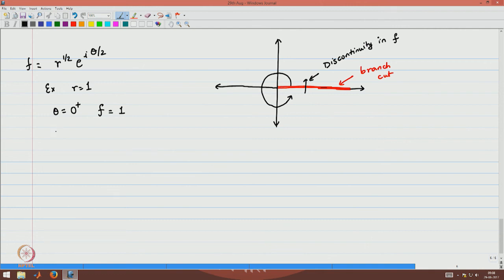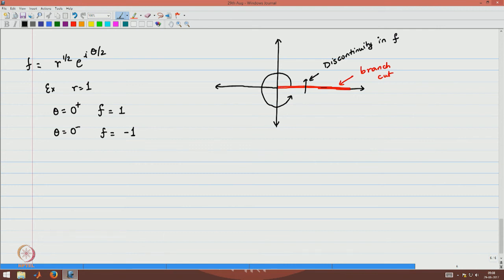When theta equals 0 minus, then f is equal to minus 1. Okay. So the function goes from minus 1 to 1 across this point. This is for the particular case when r was equal to 1, but any square root function will show a jump across this point.